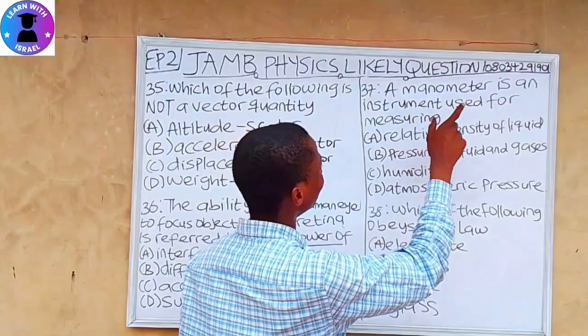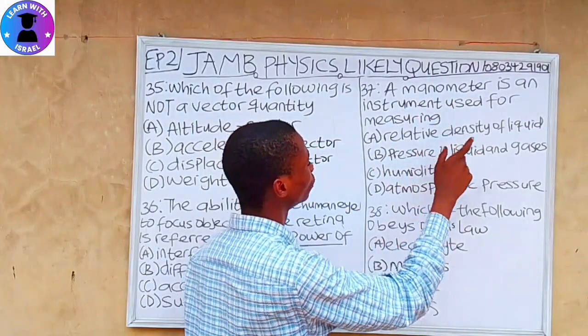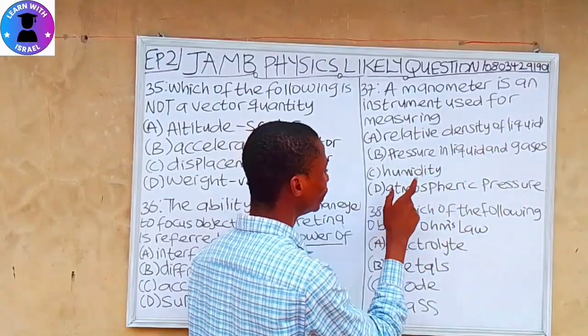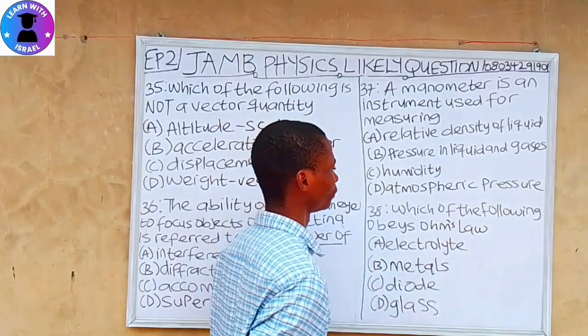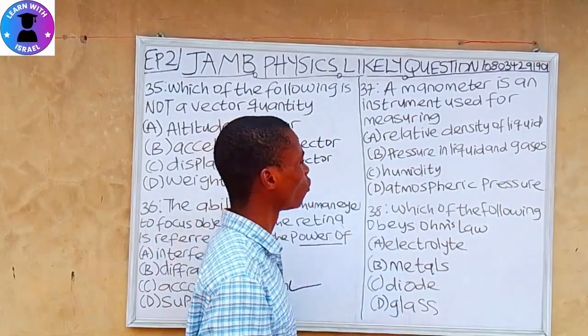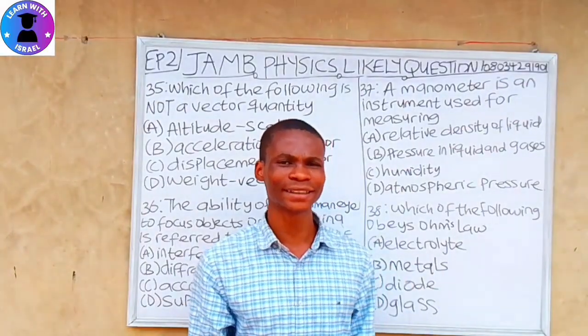Question 37. A manometer is an instrument used for measuring A. Relative density of liquid. B. Pressure in liquid and gases. C. Humidity. D. Atmospheric pressure. So guys, a manometer is an instrument used for measuring pressure in liquid and pressure in gases.